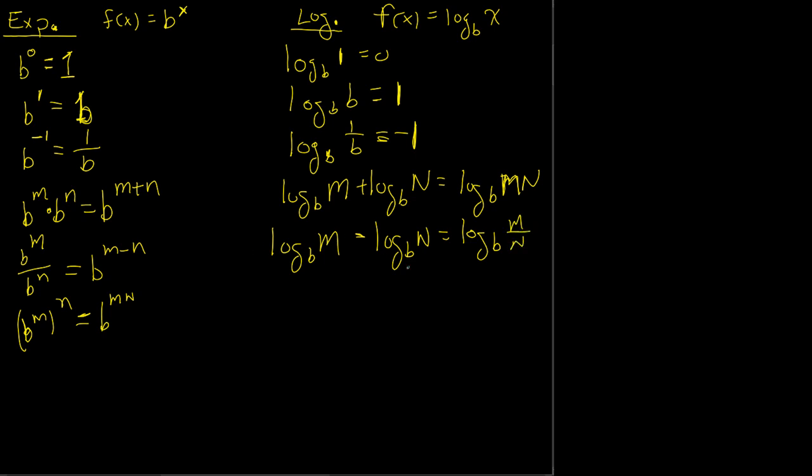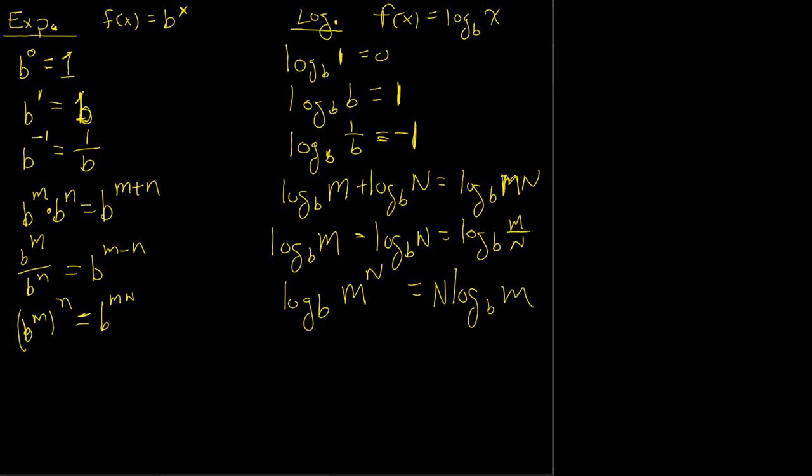So if I subtract two logarithms, I can combine their terms in the middle. And let me see if I can do this in a way that matches my input and output. That power in here can come back out front.